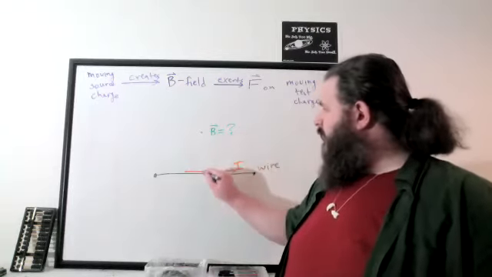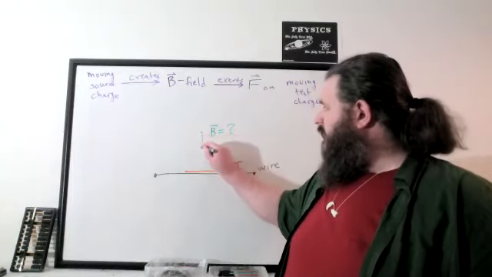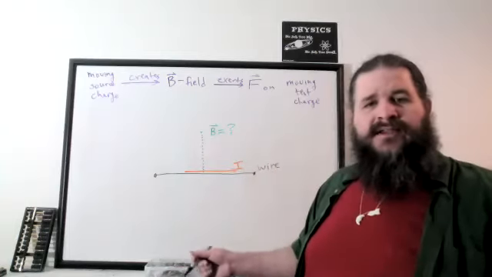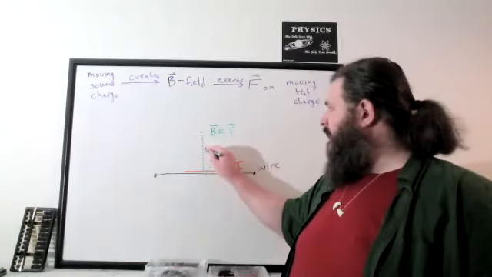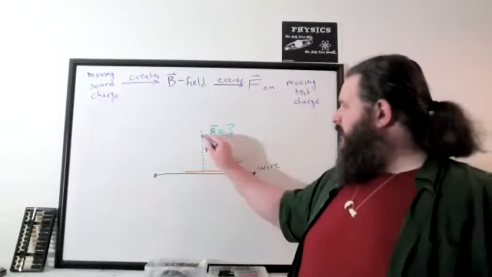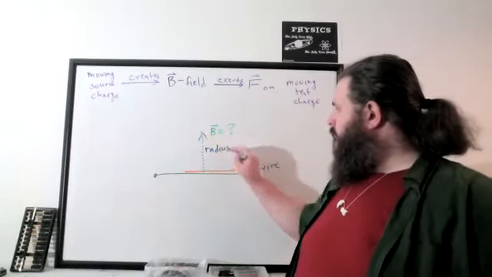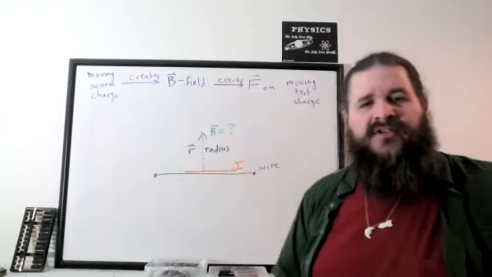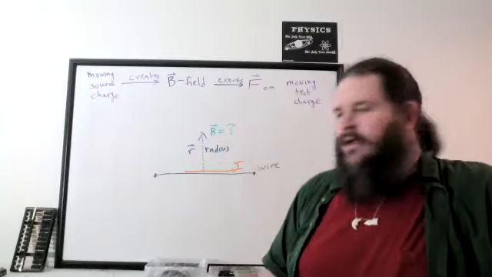Radius in the sense of the line between the location of interest and the wire that's causing it. So this is the radius, and you could think of that as a vector, just the radial distance between the point of interest and the wire that's causing it.